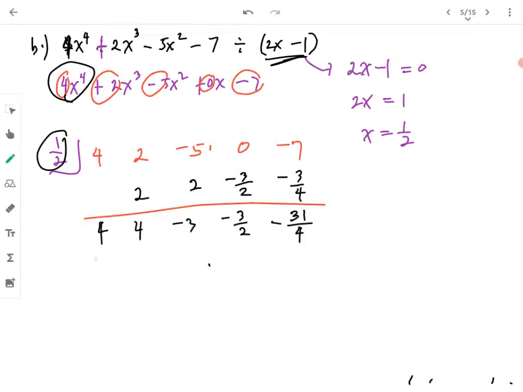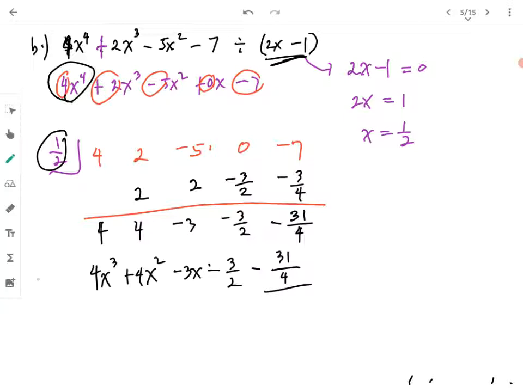So this is 4x cubed plus 4x squared minus 3x minus 3 over 2, then minus 31 over 4 as the remainder.